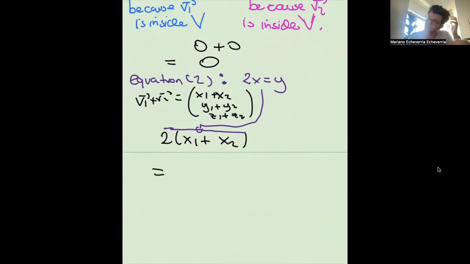But actually, this one is kind of easy as well. It's just 2x1 plus 2x2. But what can you say about 2x1? What is that equal to?